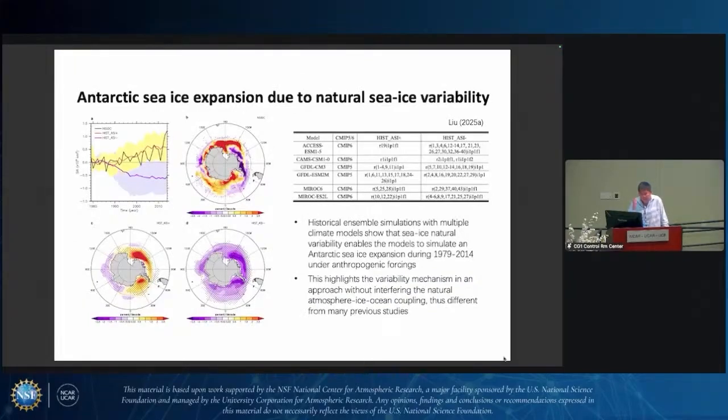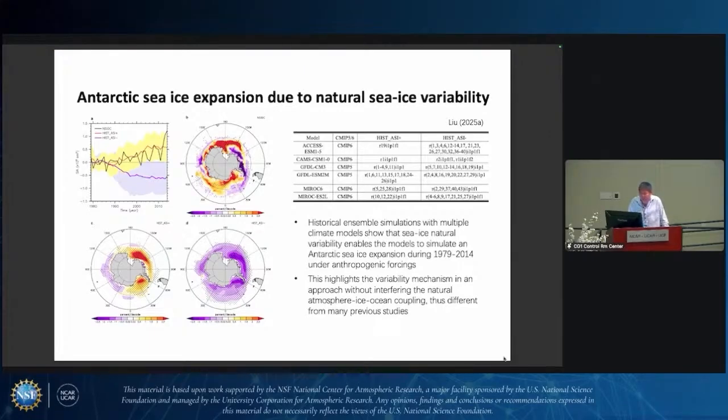All right, so first, let's look at the model simulation. As I mentioned before, most CMIP5 and CMIP6 models simulate Antarctic sea ice decline since 1979. However, I can still find several models with some ensemble members that can simulate Antarctic sea ice expansion consistent with observation.